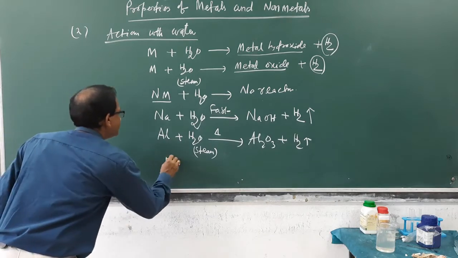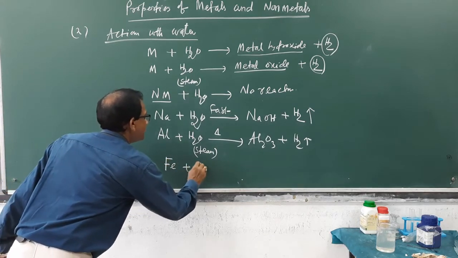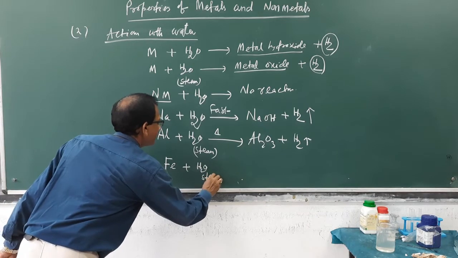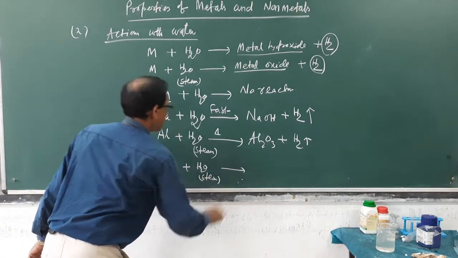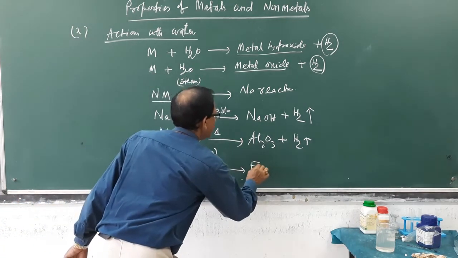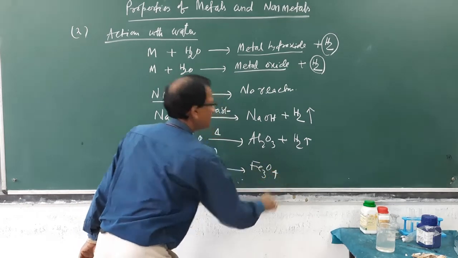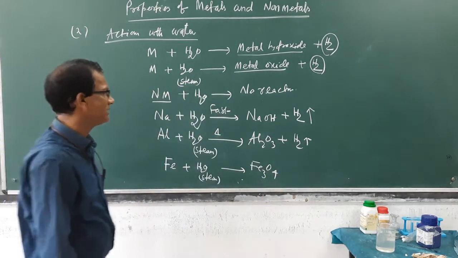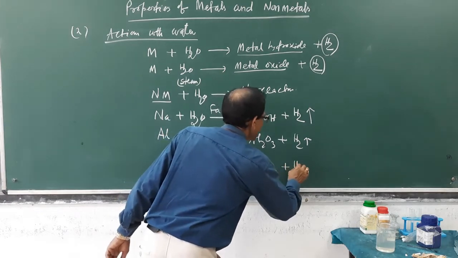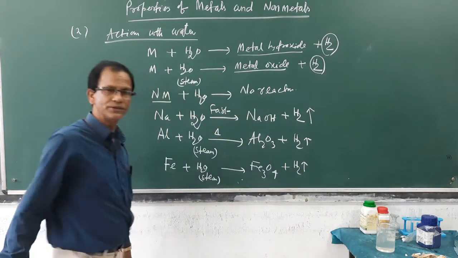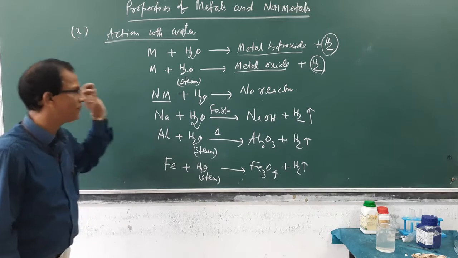Similarly, iron with steam produces what? Fe3O4. This is called ferrous ferric oxide, plus hydrogen gas. Balancing part you will do. So you see the difference.